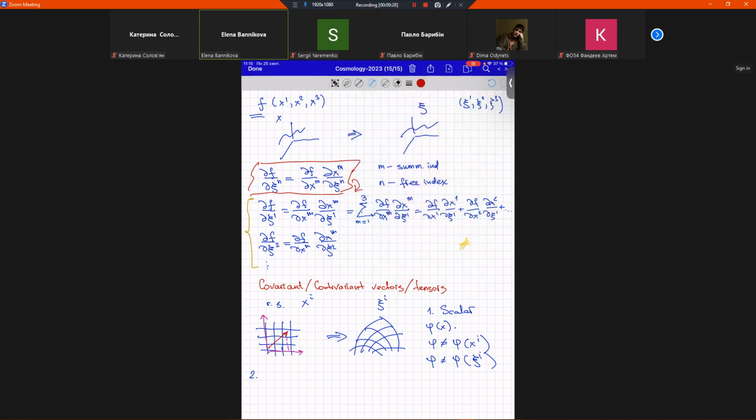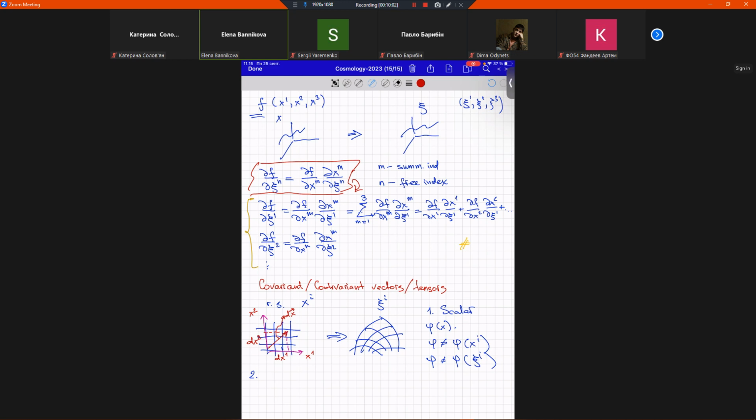I will put here dx vector. Okay, so which has a coordinate, which has a length along one axis. For example, dx1 here, dx2. If this is coordinate axis x1, x2.